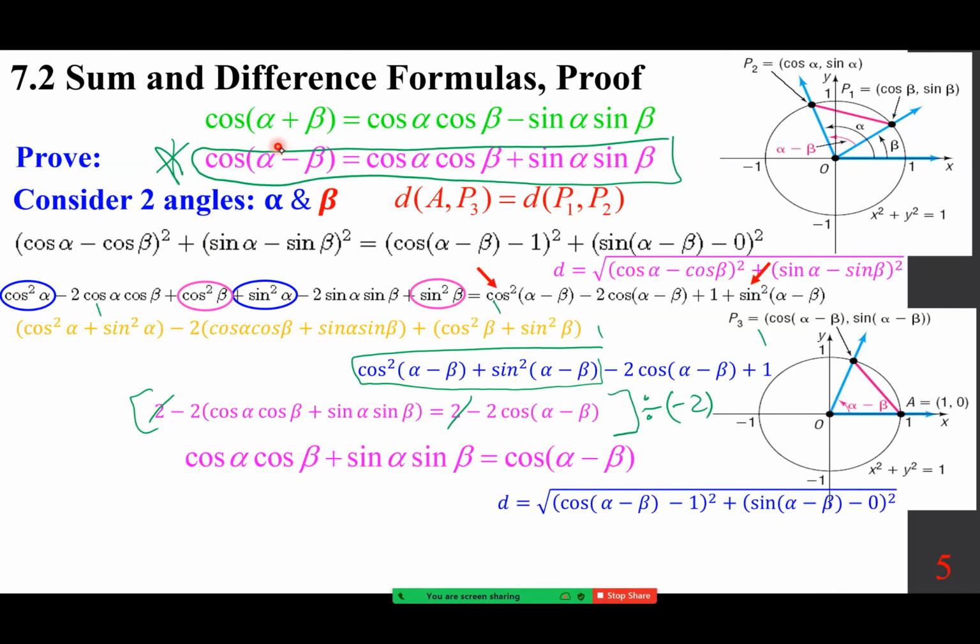In order to prove this, we are going to replace the beta in the second equation with negative beta. So take a look. Cosine of alpha plus beta is the same as cosine of alpha minus negative beta. So into this formula, beta is replaced with negative beta.